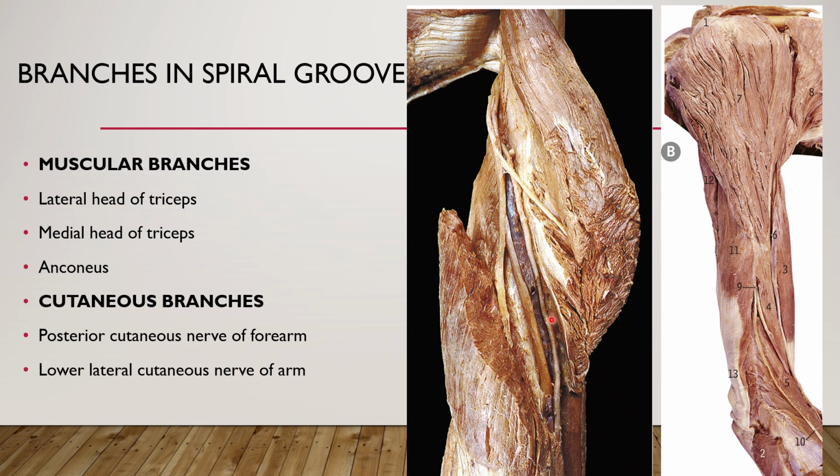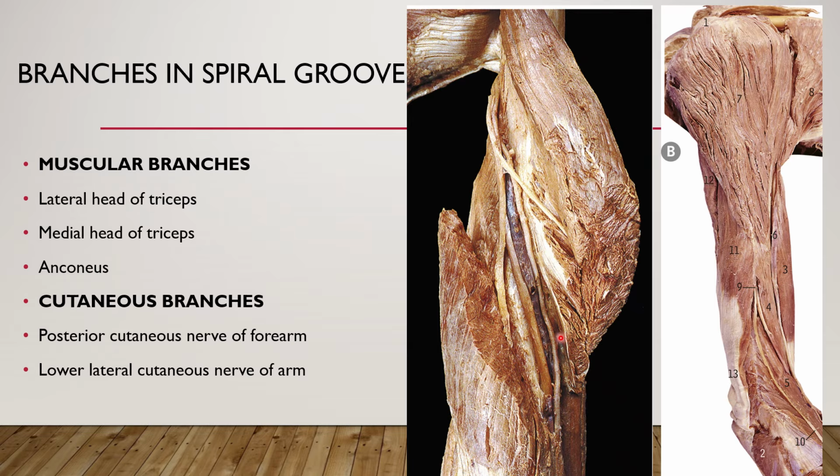And here there are two cutaneous branches. One is called the posterior cutaneous nerve of forearm, and the other is the lower lateral cutaneous nerve of arm. So again I repeat, when it comes near the axilla, it gives posterior cutaneous nerve of arm.